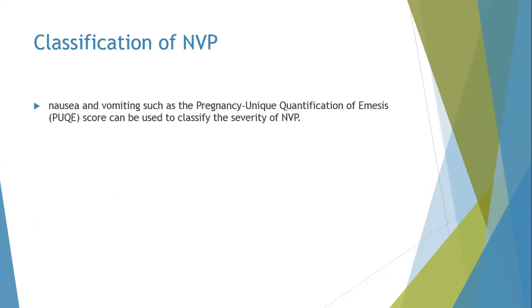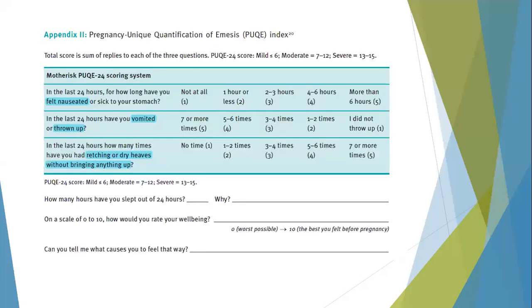Classification. We have the PUQE, which is the pregnancy unique quantification of emesis score. We can use this to classify nausea and vomiting, and this is the score. This is also from the GTG. I copied it as such.